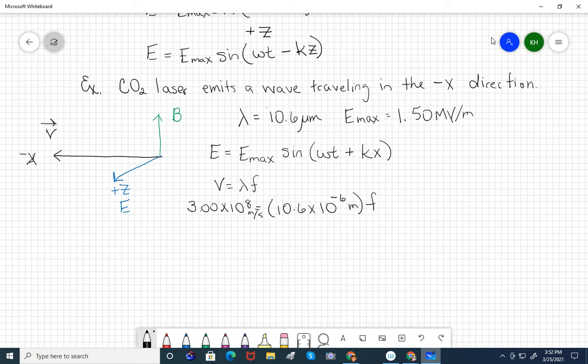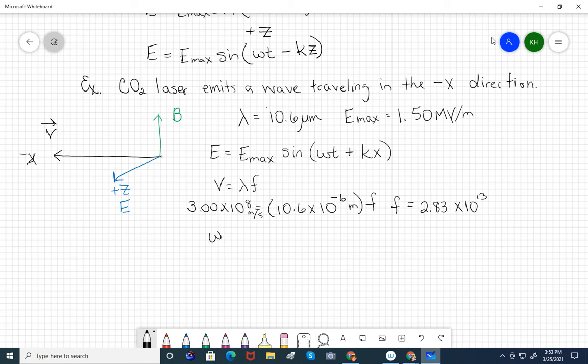If I do the math there and I do 3 times 10 to the 8 divided by 10.6 times 10 to the negative 6, I get that the frequency f is 2.83 times 10 to the 13th, but I want omega.